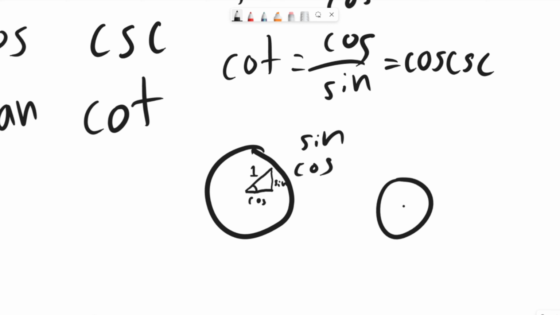But what it also helps us do is realize, using the Pythagorean theorem on this, cosine squared plus sine squared should equal 1 squared.